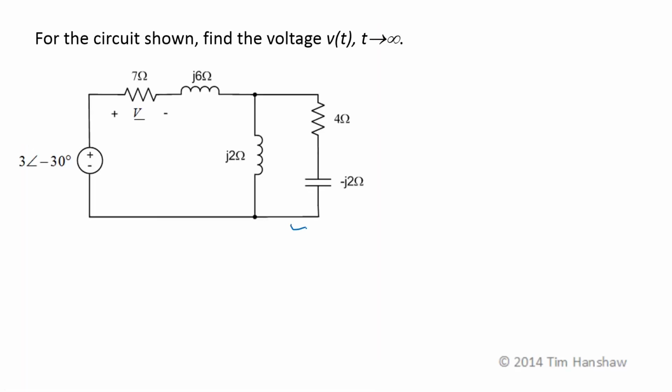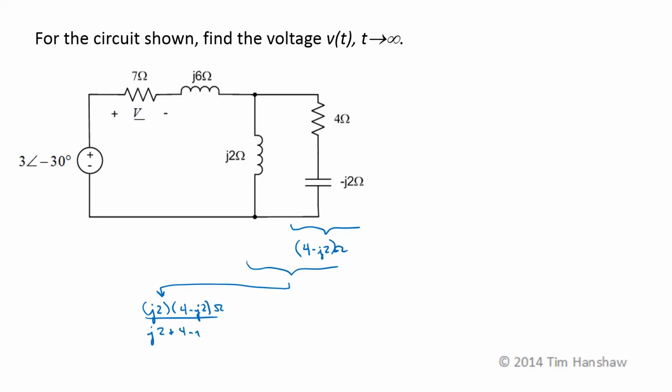Okay, as I mentioned earlier, these two are in series, so I just add their impedances. So this is 4 minus J2 ohms. Then those in parallel with this guy here is going to be the product of the two, so J2 ohms times 4 minus J2 ohms over J2 plus 4 minus J2.